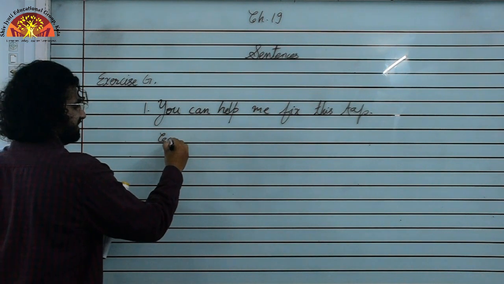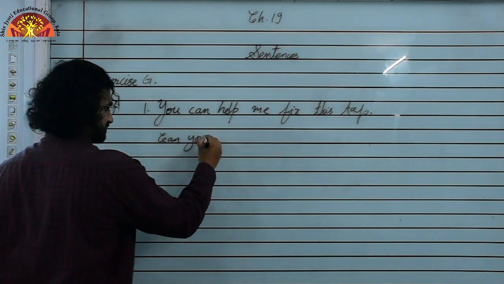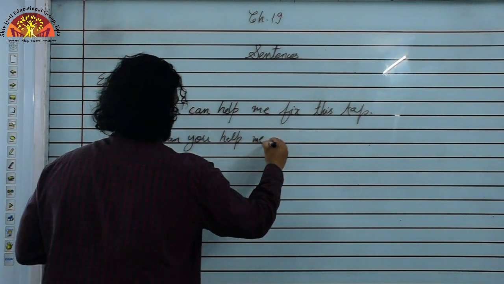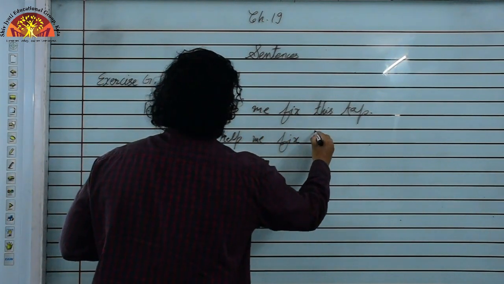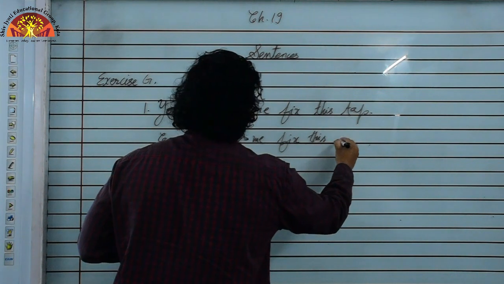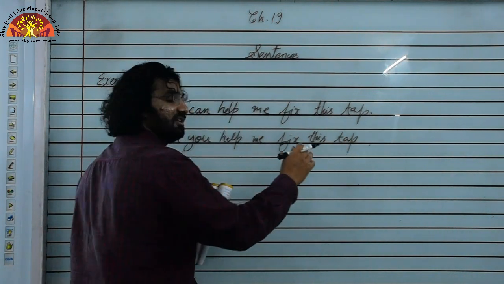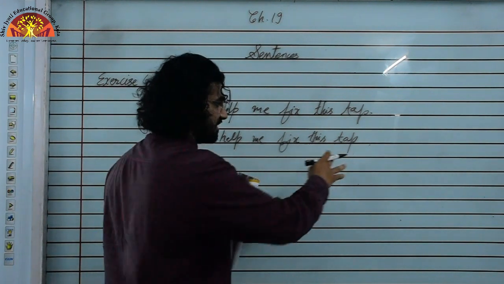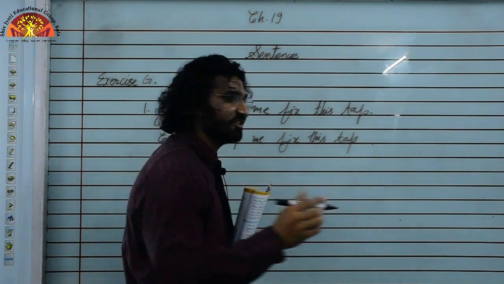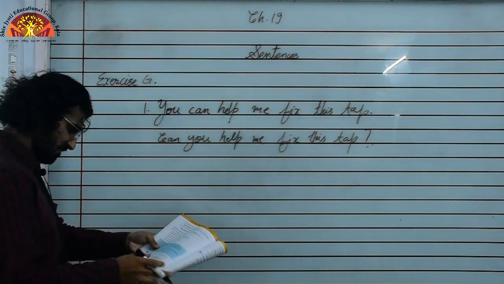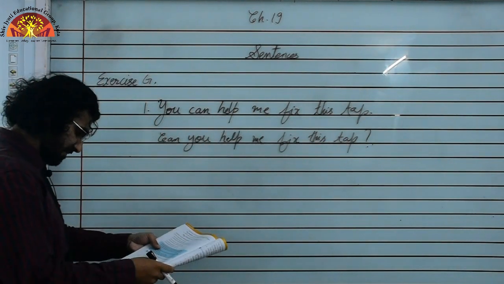So it will be like this. Can you help me fix this tap? So it's an interrogative sentence now. Is anything missing? Yes, you're right. Question mark. Can you help me fix this tap?